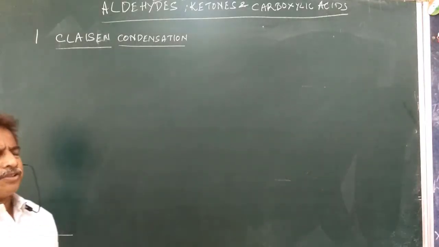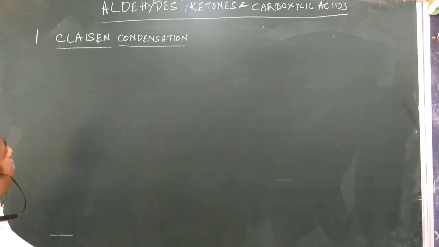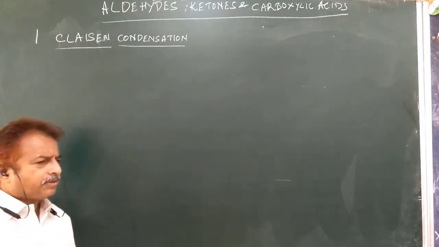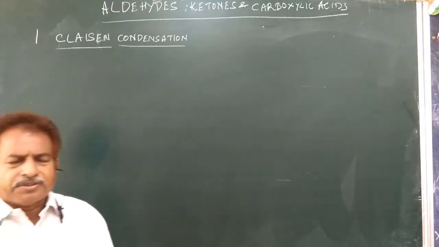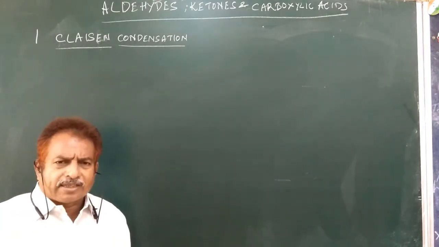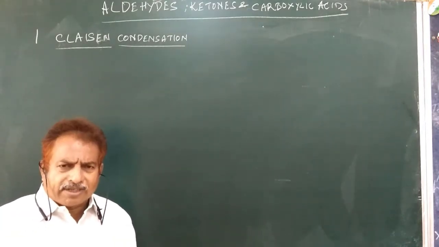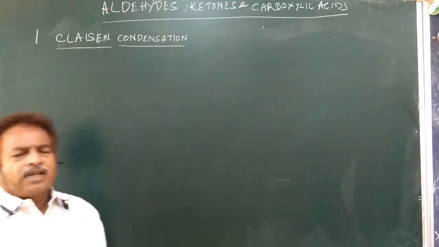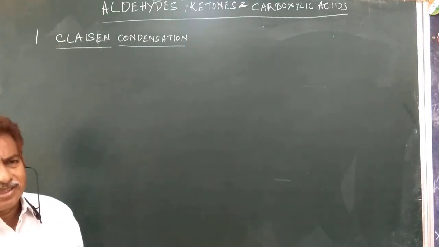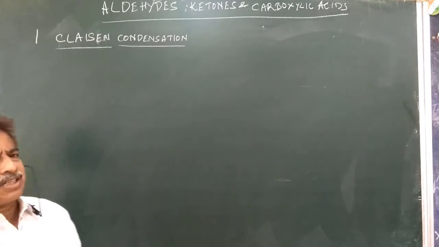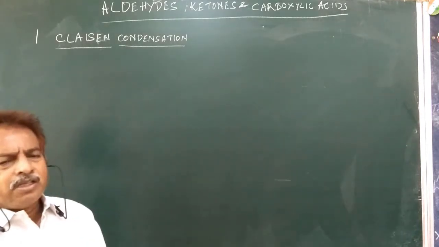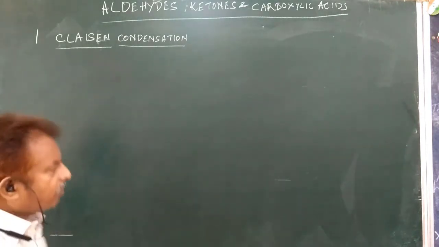Claisen condensation. An aromatic aldehyde reacts with an aliphatic aldehyde or an aliphatic ketone, and a condensation product is obtained, and such a reaction is known as Claisen condensation. Now let us see an example.